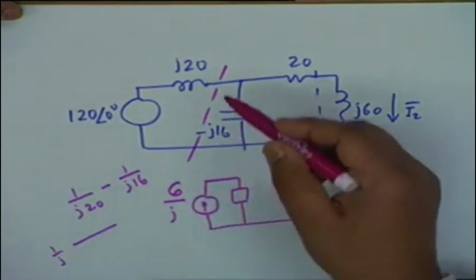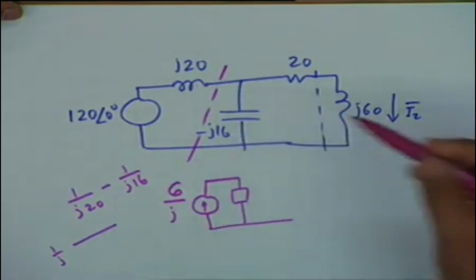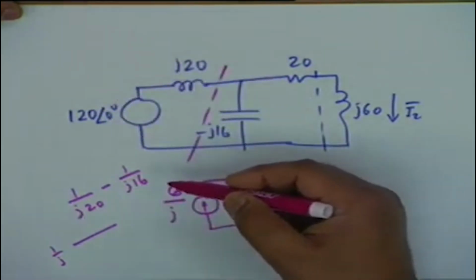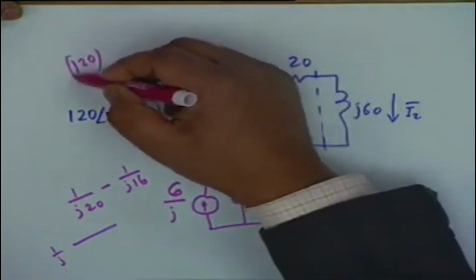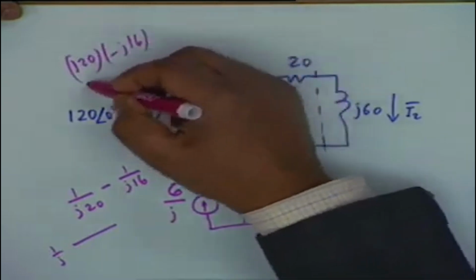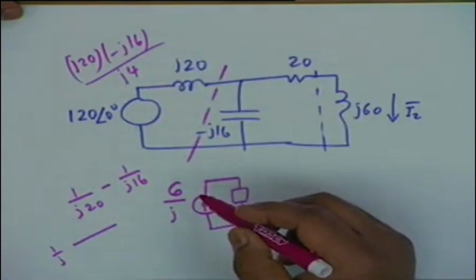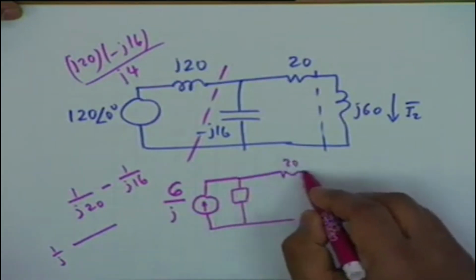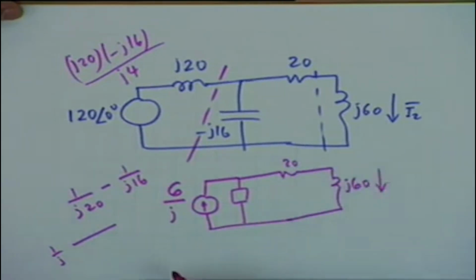Is this clear? J20 impedance comes in parallel with minus J16, whose equivalent impedance you can calculate either by admittances or by impedance. For example, J20 multiplied by minus J16 divided by J4, this is the equivalent impedance, all right. Then you have the 20 ohms and J60, all right.